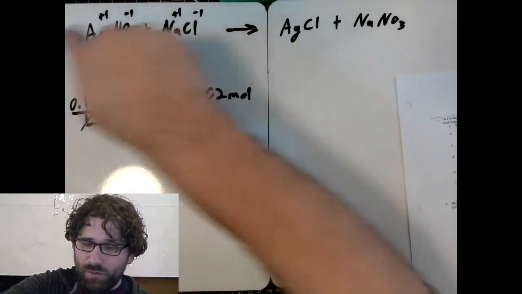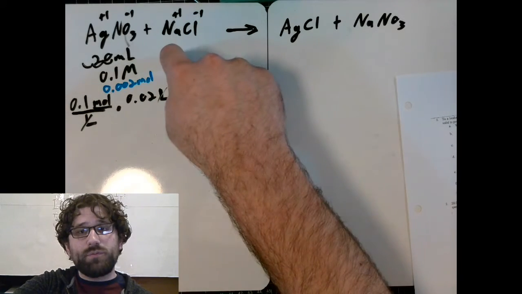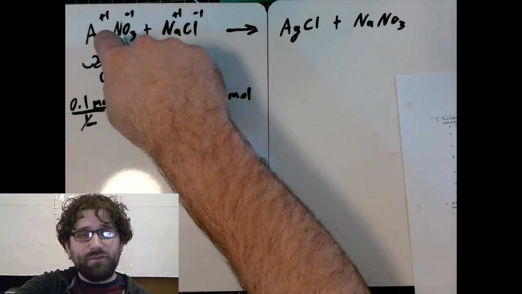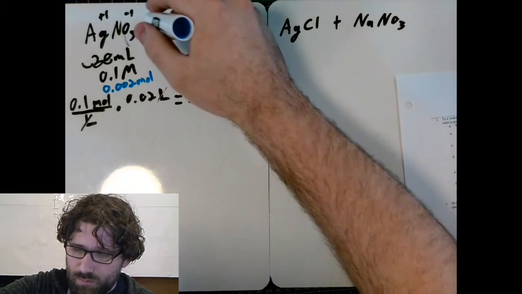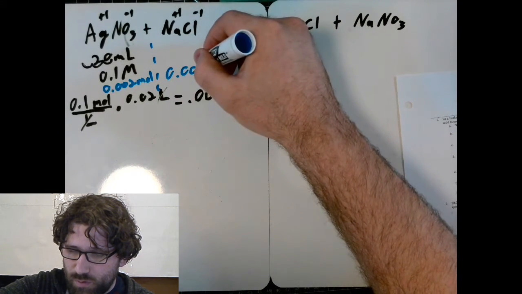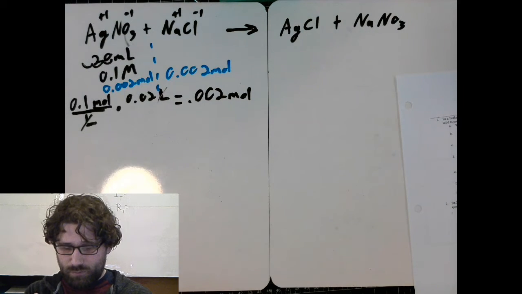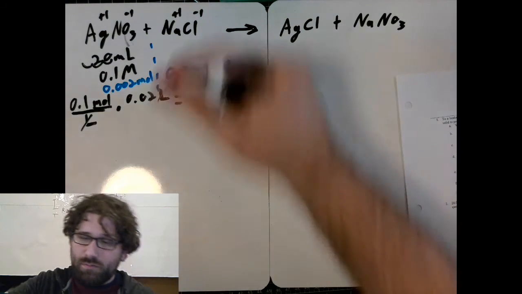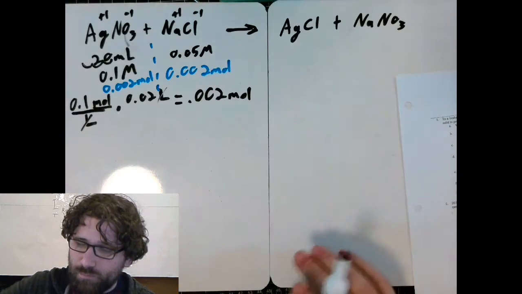Well, I know that this is a 1-to-1 ratio, so I'm going to need the same number of moles of sodium chloride as I have of silver nitrate. So I'm going to need, let's just make a little dividing point there, 0.002 moles. And I know I have a solution that contains 0.05 molar.